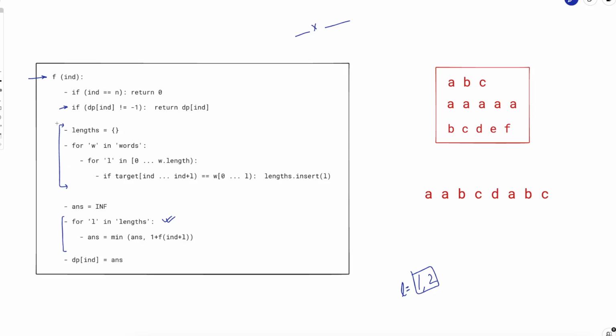We are figuring out all the lengths, so there are two major loops, this one and this one. Let's first figure out this one. How many lengths can be there at max in this length array? The answer is the total length of the string itself. If this string length is, let's say, 10, you can't have more than 10 different lengths here, because that would mean, let's say you have 11 as well.